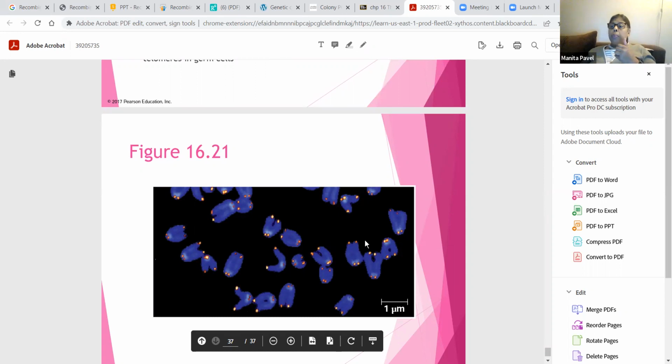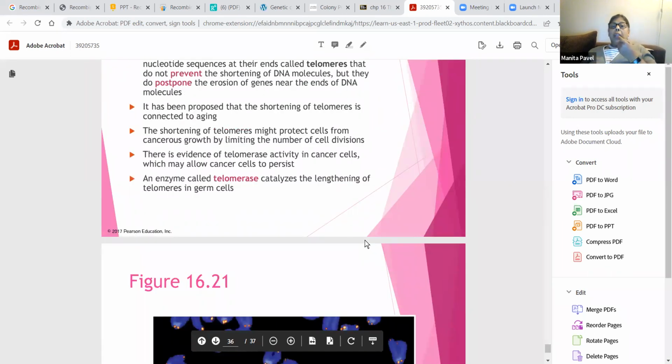If the chromosomes shorten, that shortening of the telomeres is connected to aging, which will result in that individual aging faster. Shortening of the telomeres may also protect the cells from cancerous growth. Why? By limiting the number of cell divisions that can occur.